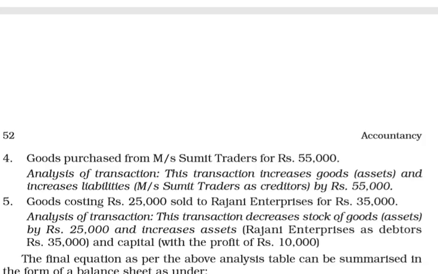Any assets purchased for cash as well as credit: if assets are purchased for cash, then cash will reduce and assets will increase. There is no effect on liabilities and capital. Suppose the assets are purchased on credit, then assets will increase and liability will also increase.